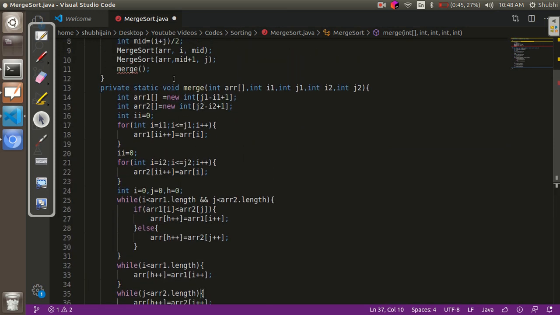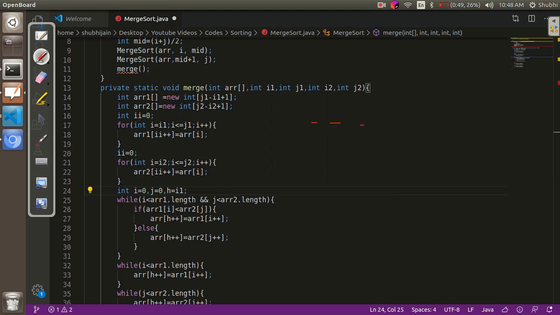And over here the starting index of my main array will be i1, because the numbers that are to be stored are not necessarily being stored from the 0th index. It is being stored from the i1 index. So you can see it over here.